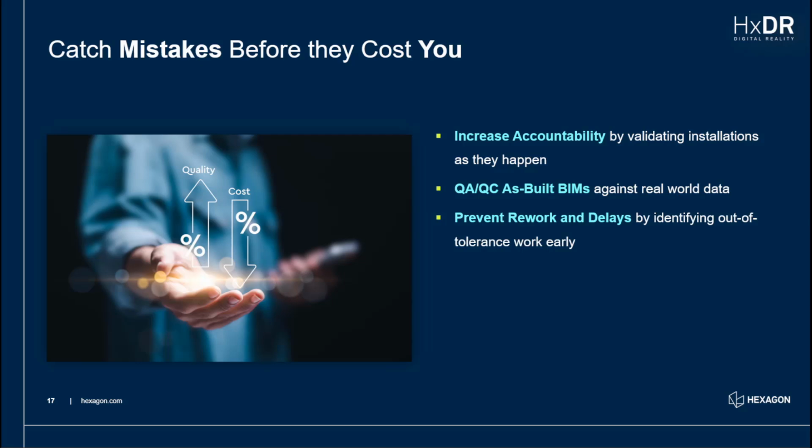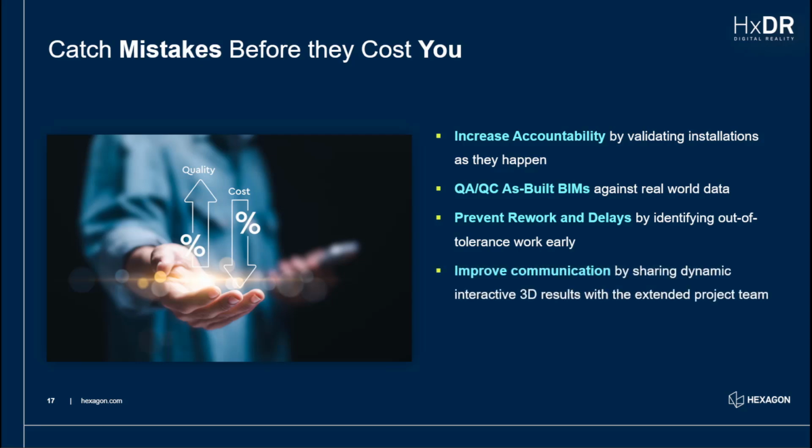This of course prevents rework and delays, so you've got lots and lots of different disciplines all accessing the same data, being able to look at the same data in the same location, so you've got complete control over that process flow. And of course then that ultimately removes friction with the communication.